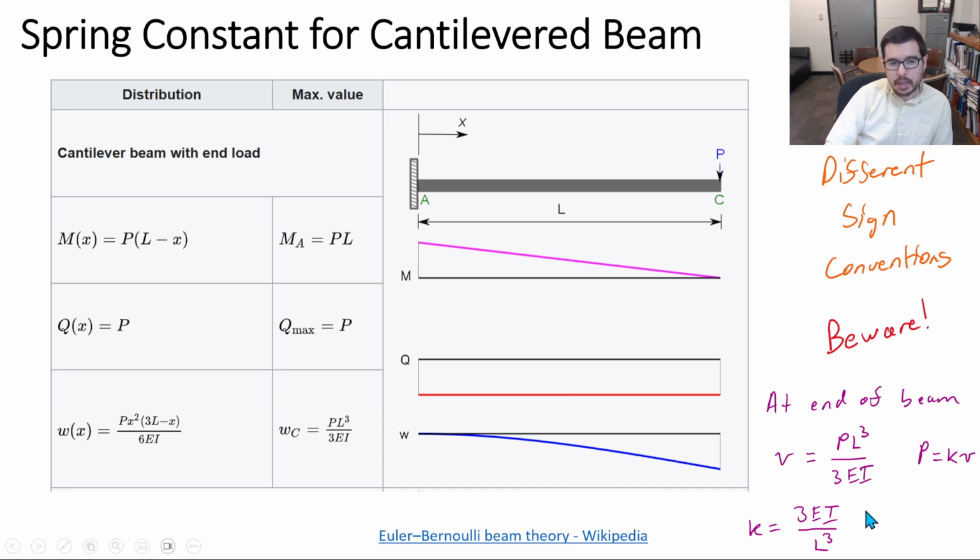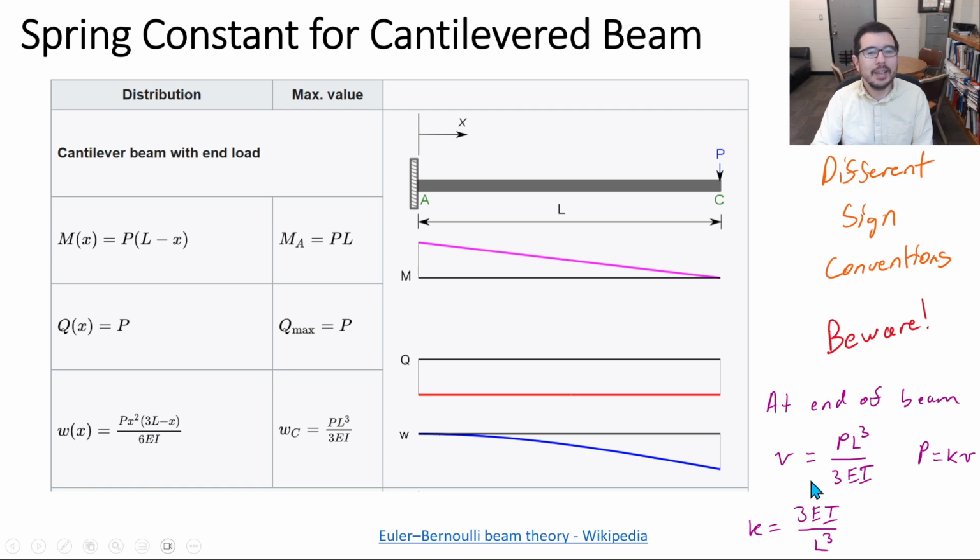And so instead of EA over L, now we have an I. So if I change the cross-sectional profile, not the area as in a bar, but EI is related to area, then if I increase the I, we're able to increase the K as well. So that's the basic idea of how you can model a spring as a cantilever.